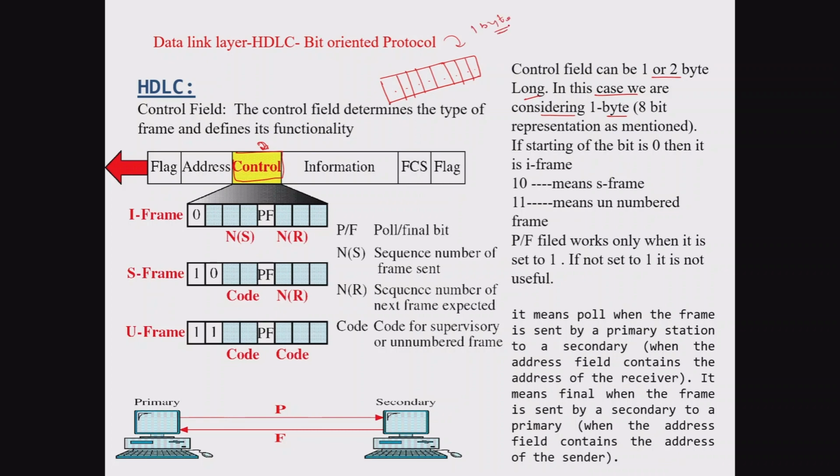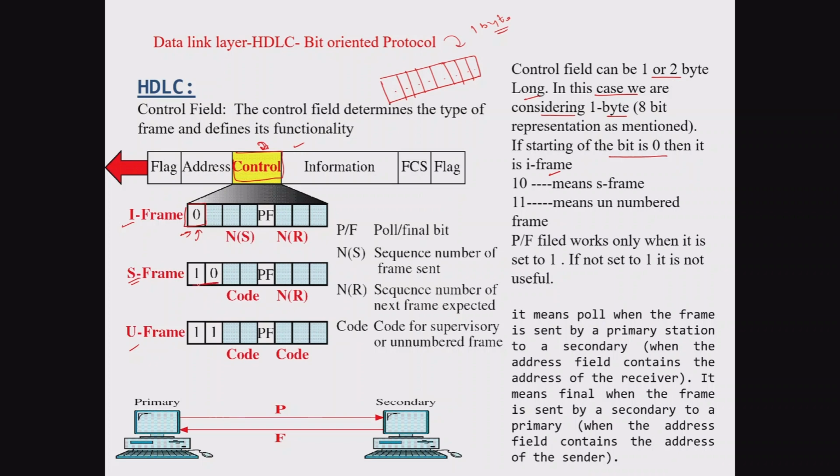Now how to identify it? The I frame, S frame and U frame are each identified with 8 bits only. How do we identify which one is the I frame, which is the S frame and which is the U frame? If the starting bit is 0, then it is the I frame representation. Out of the 8 bits, if the MSB value is 0, it means the I frame is activated.